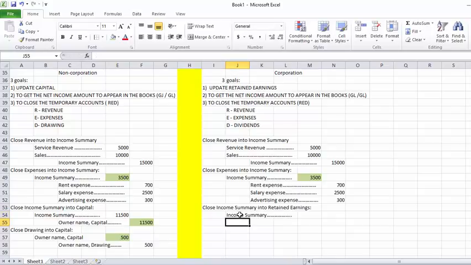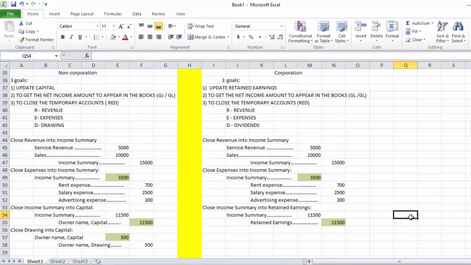So we're going to debit income summary for that 11.5. And if I'm debiting something for 11.5, I've got to credit something for 11.5. And that something is now retained earnings. So retained earnings is taking over the job that capital used to do.